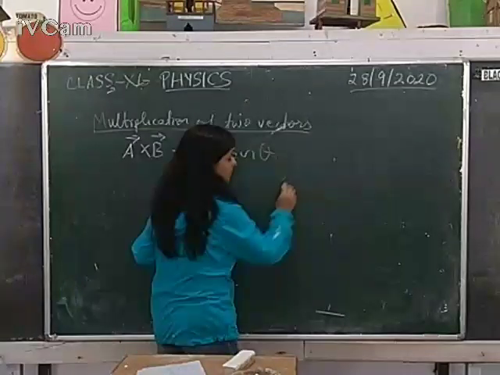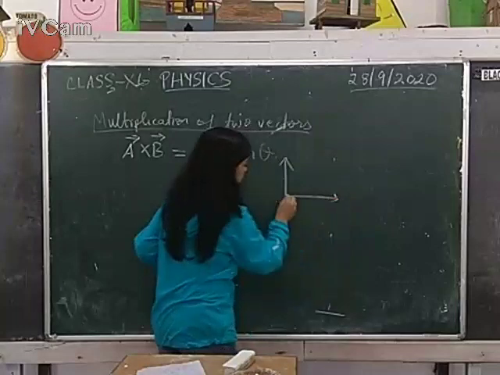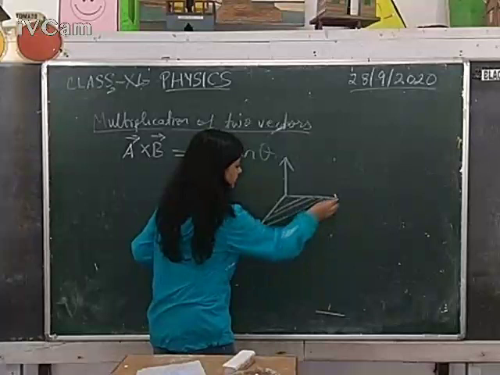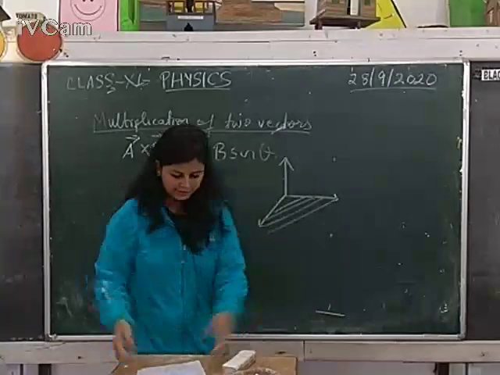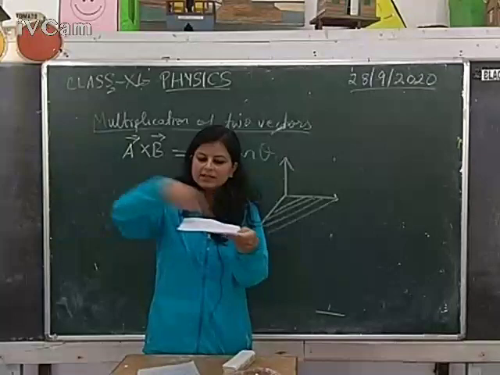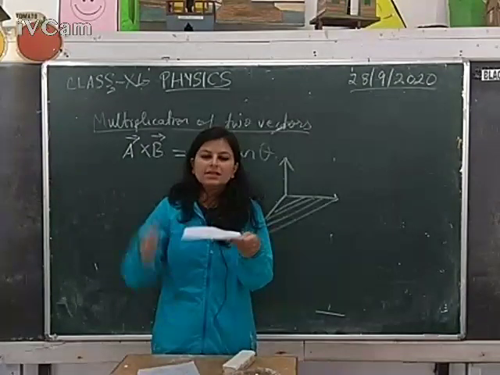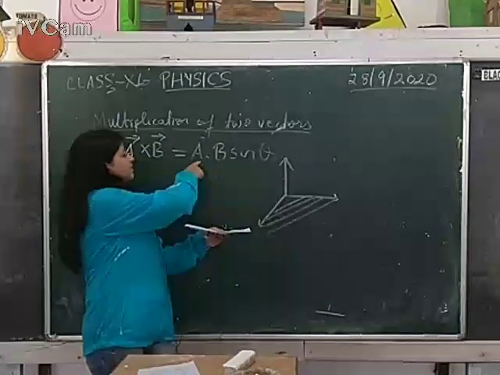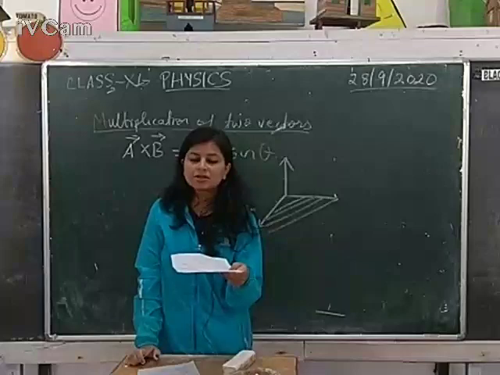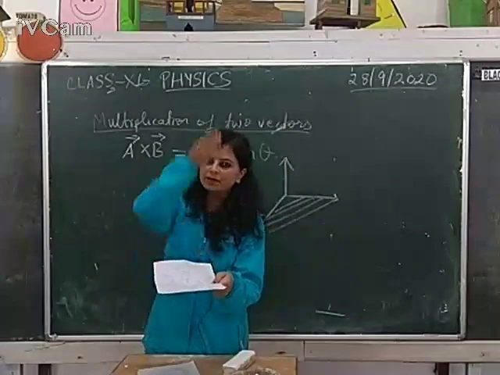If you are taking this plane, if I can show you here, this is the plane which contains the two vectors, okay, they might be oriented at a certain angle to each other, and the magnitude will be obtained by A into B into sine theta, that is not a problem, but the direction of the new vector that we are getting will be perpendicular to the plane containing them.